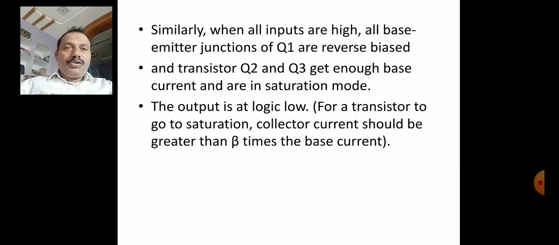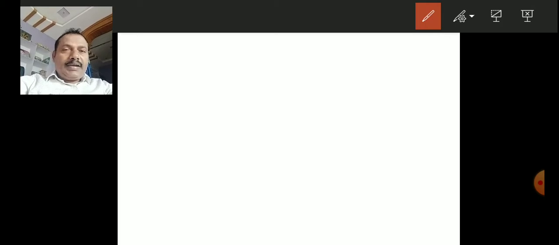Similarly, when all the inputs are high, all base emitter junctions are reverse biased, so the transistors Q2 and Q3 get enough base current and are in saturation mode, and the output is at logic 0. For the transistor to go to saturation, the collector current should be less than beta times the base current. That means this is the function of NAND.